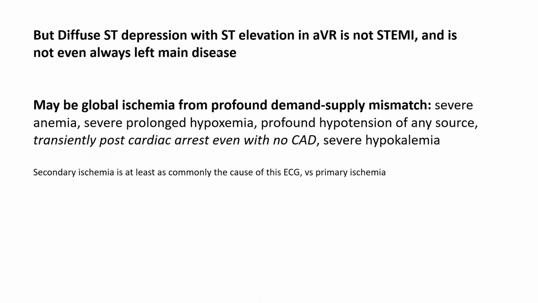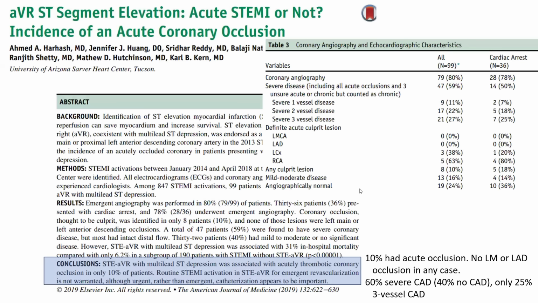So again, it fits with what I described, that this pattern is not STEMI, it is high-risk non-STEMI, probably around half the time, and in the other half, maybe more than half, it is a global ischemia from profound demand-supply mismatch. And about a third of the patients in that series were post-cardiac arrest, which explains why a significant proportion did not have CAD.